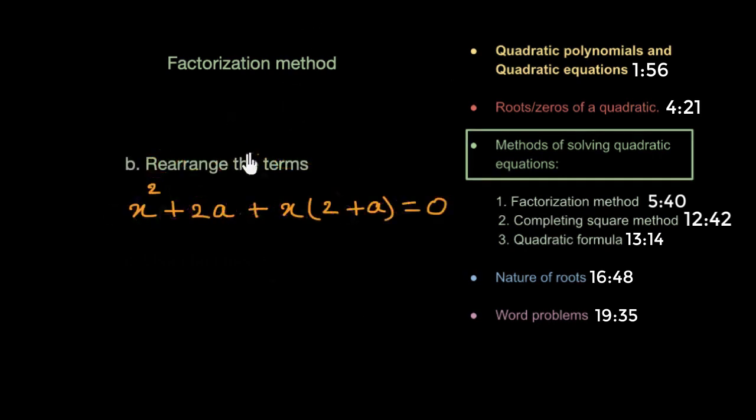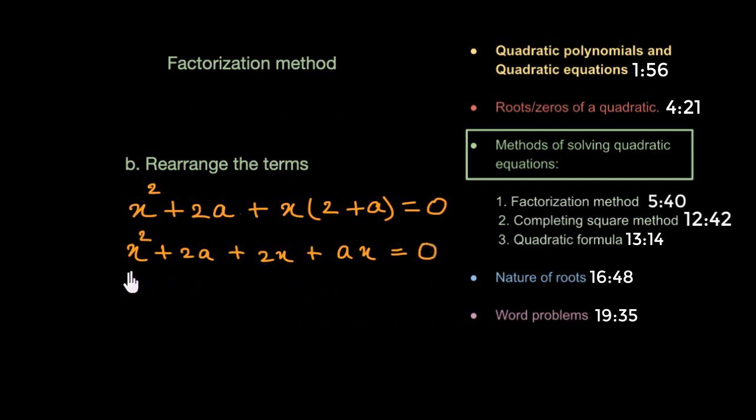Sometimes rearranging the terms can also help in factorization. For example, in this case, let's see what do we have here. We can write this as x square plus (2 plus a) times x plus 2a equal to 0.